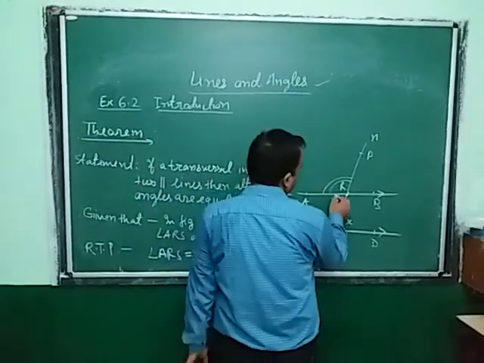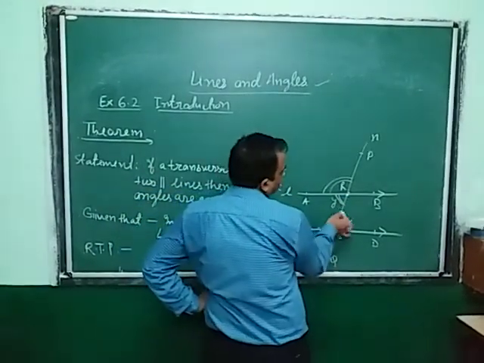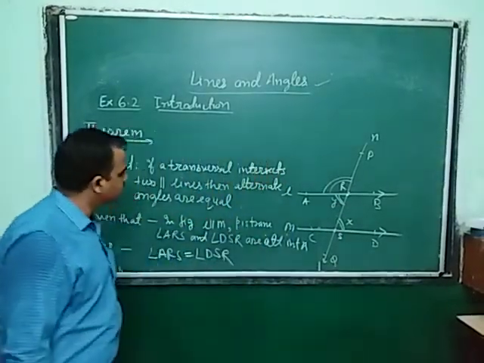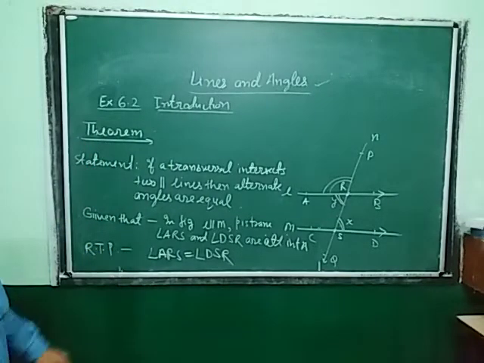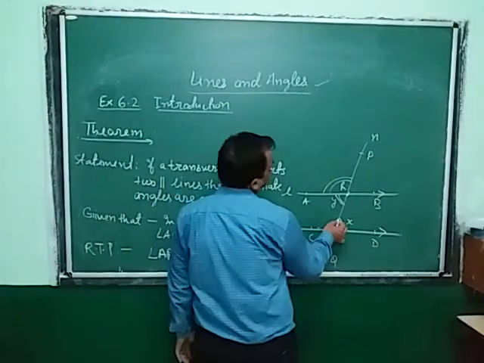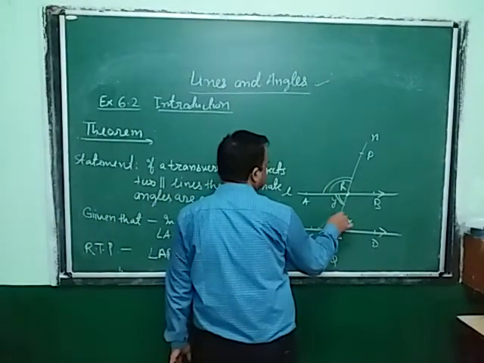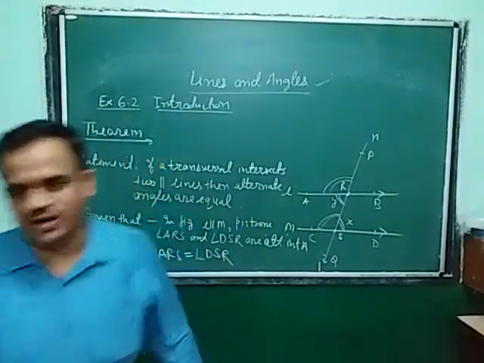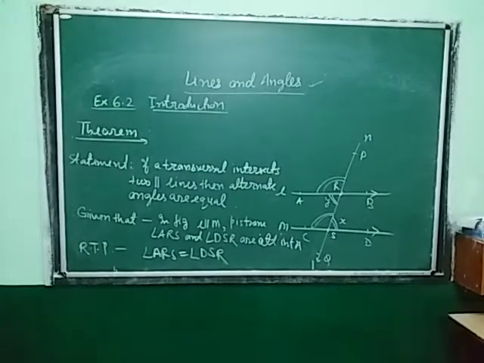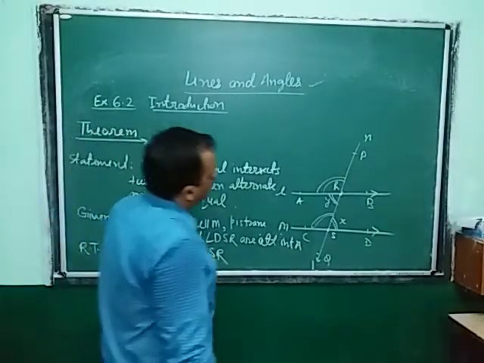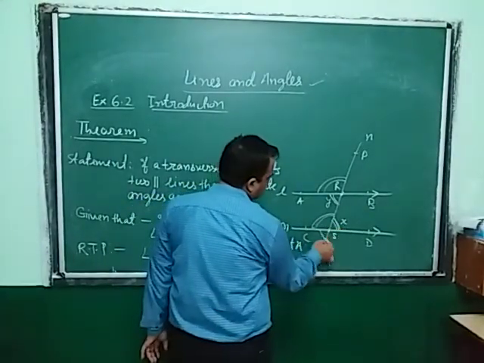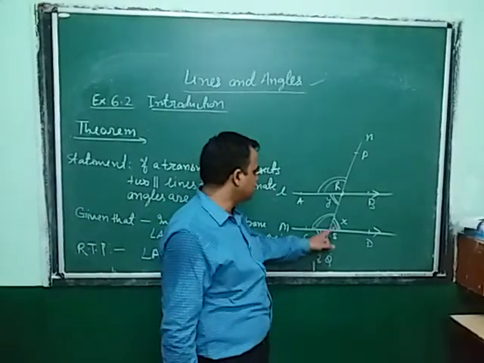Now if this angle is x and y, then we have to prove that these two angles are equal, and already we know that these two corresponding angles are equal. So students, what about this angle and this angle? They are vertically opposite angles.